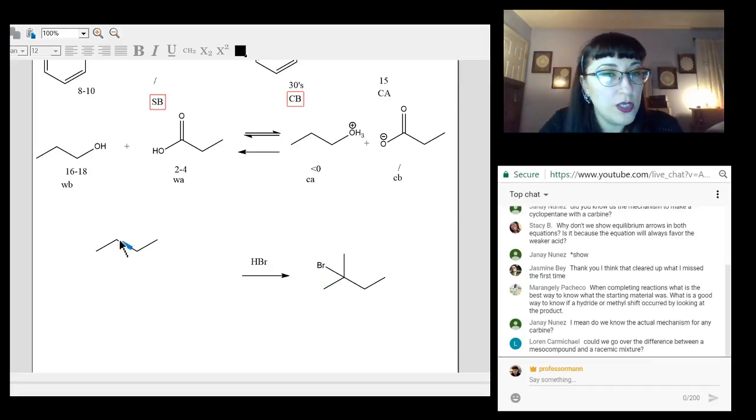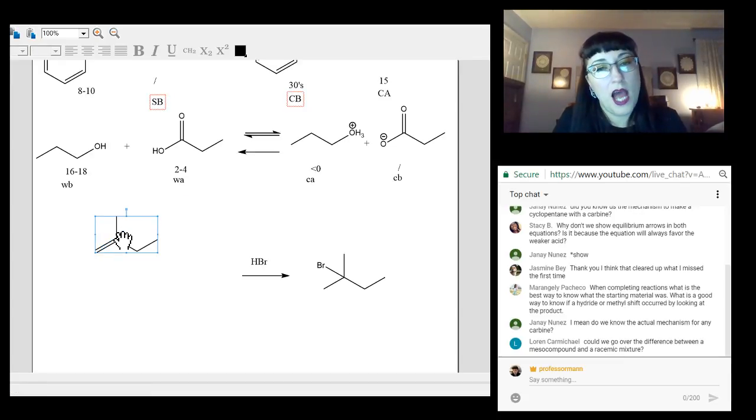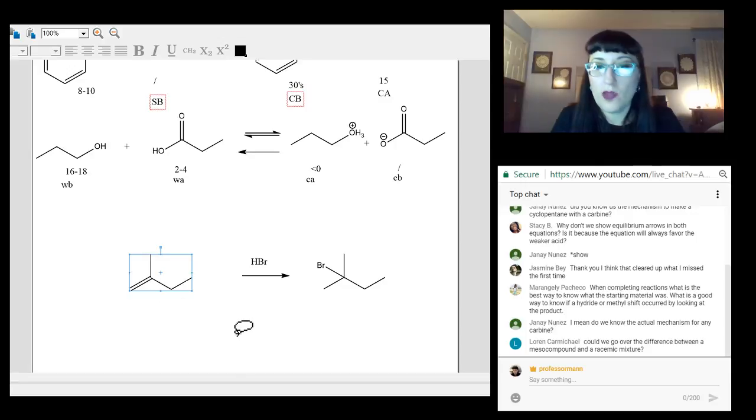Now, what I'll show you here for this one is a couple different options. If I added a double bond here, for example, and I add in HBr, I would get the product shown.